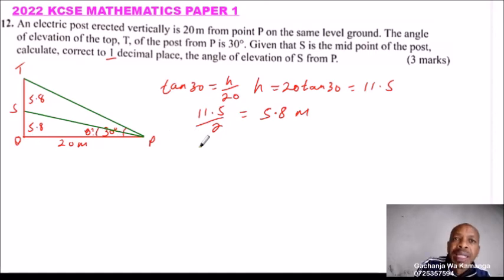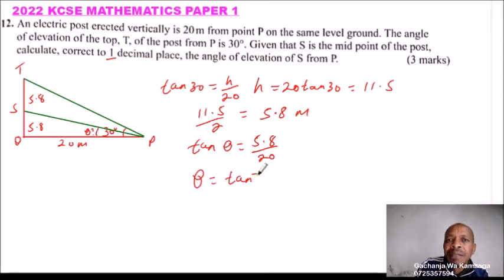So we can now get this angle because we have the height and the adjacent side. We can say tan theta is equal to opposite, which is 5.8, divided by 20. So theta is equal to tan inverse of 5.8 divided by 20, and when you use your calculator, you get 16.1 degrees.